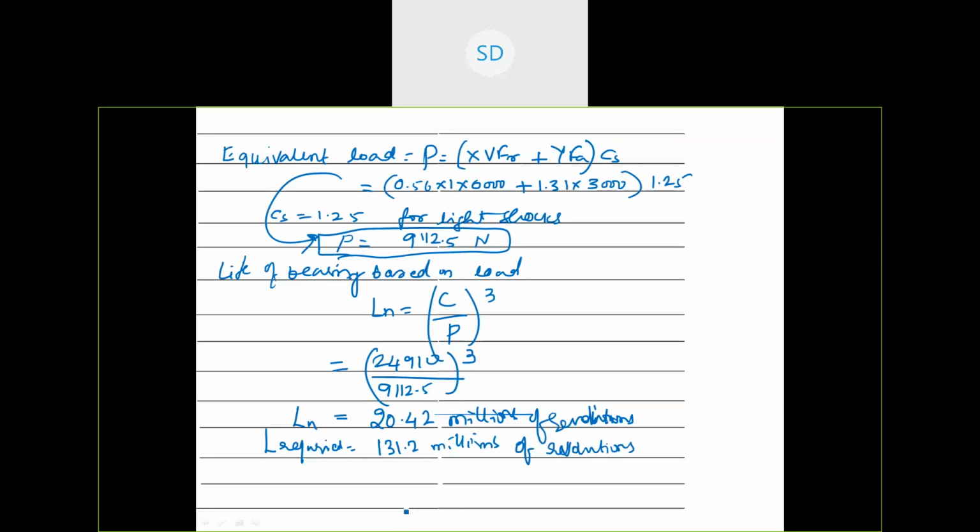So hence, write a comment here: as Ln required is greater than Ln, so need to select higher series bearing, right?